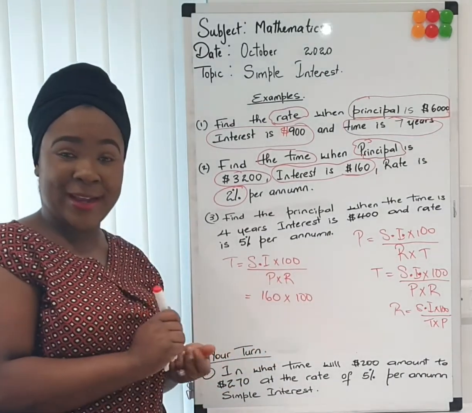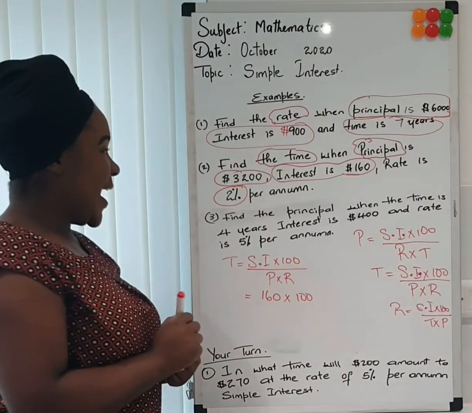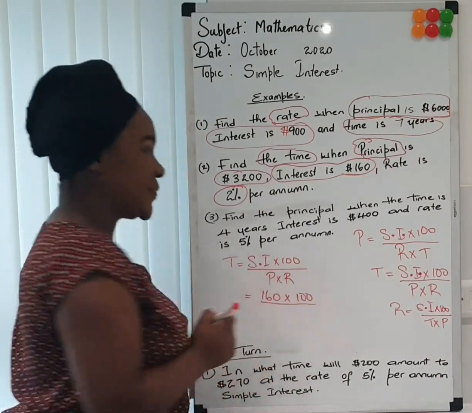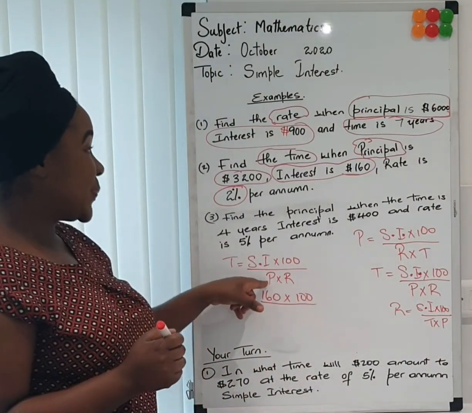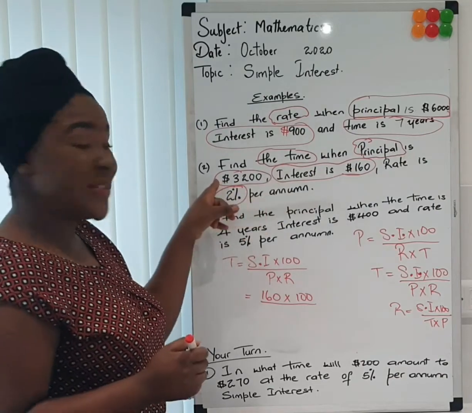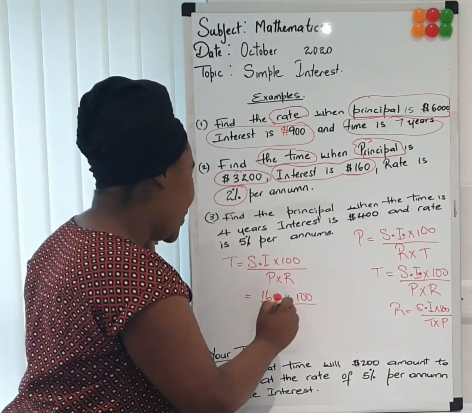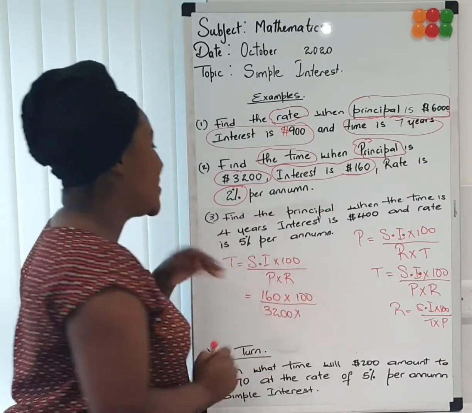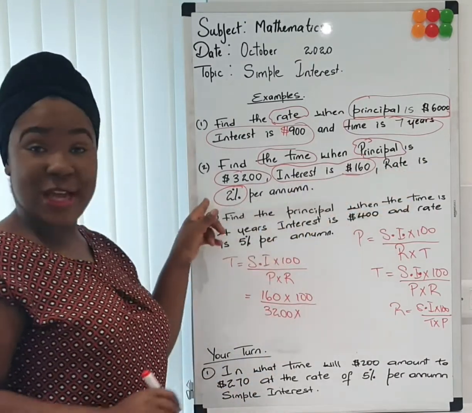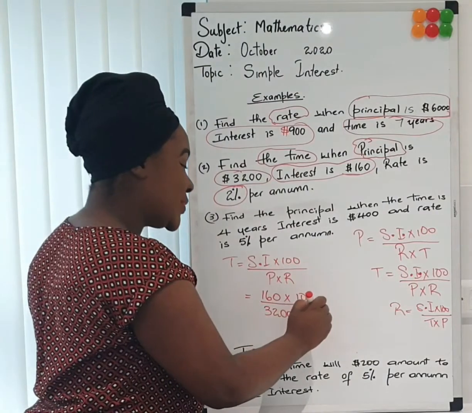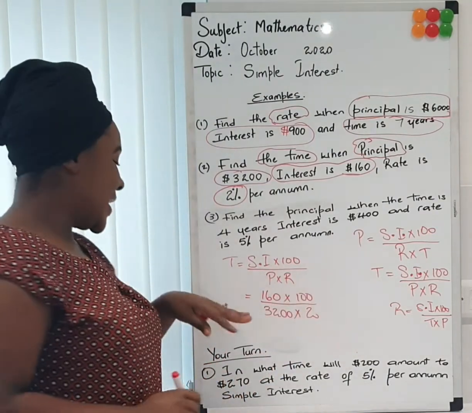Good so far? Then we're going to divide by the principal. They told us that the principal is 3,200, times the rate, which is 2%, so it's times 2%. That's good so far.